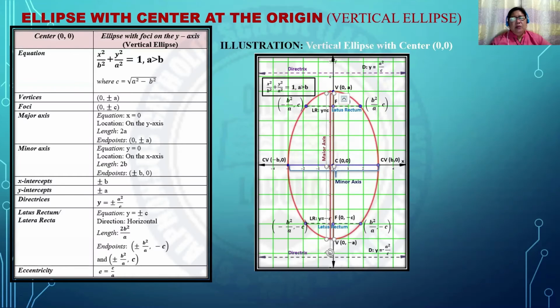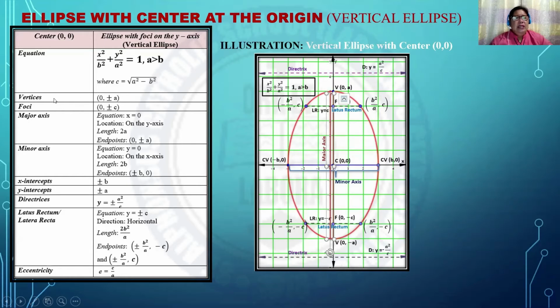Let us have the ellipse with center at the origin, which is the vertical ellipse. The equation is x squared over b squared plus y squared over a squared equals 1, where a is greater than b, and c is equal to the square root of a squared minus b squared.